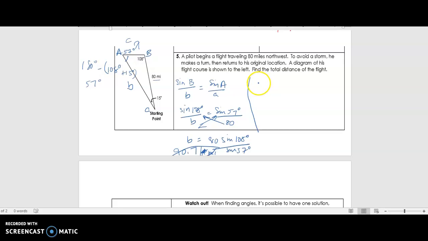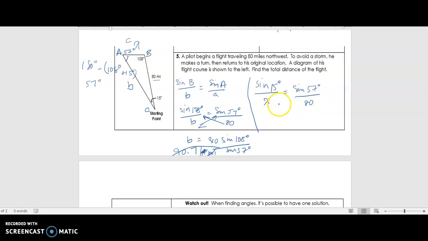And so here we will do another sine. So we'll do sine 15 degrees, which we know, and X is the unknown. I should have written C, my bad. But 15, I wrote it as 5, sorry, and equals sine 57 degrees over 80.